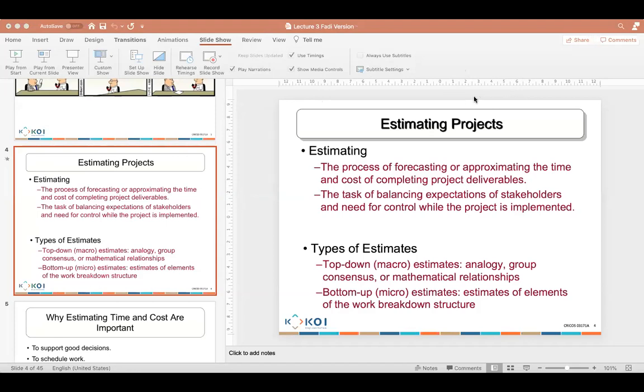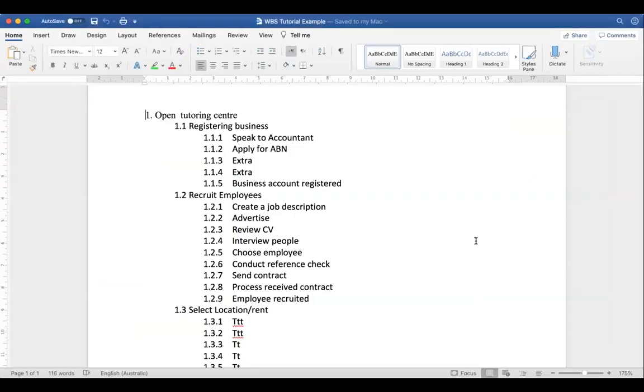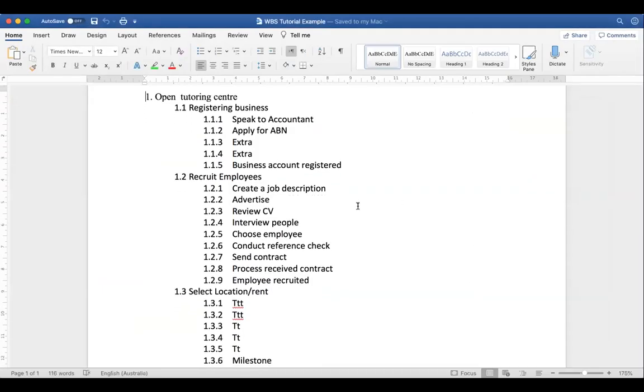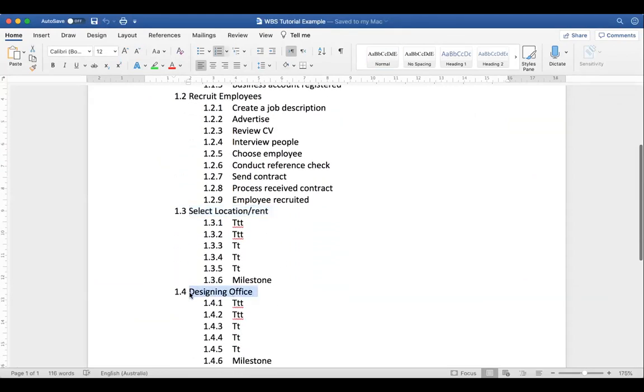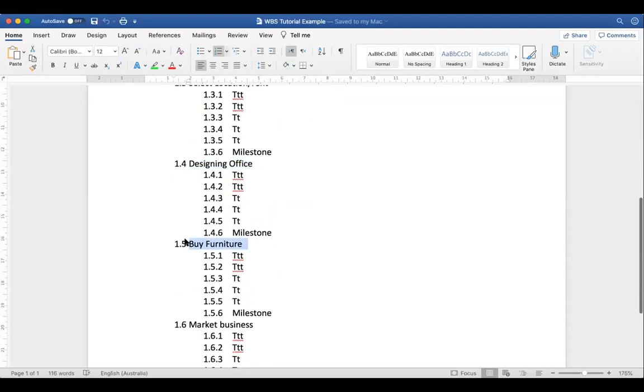I gave you a work breakdown structure exercise last week. Can you guys see my screen? Yes, sir. I said, we want to open a tutoring center. And I said, what tasks do we need to do to open a tutoring center? And you told me, we need to register a business, we need to recruit employees, we need to select a location, we need to design an office, and so on.